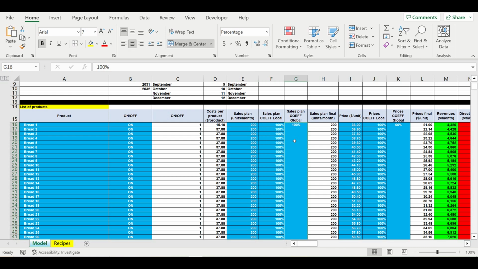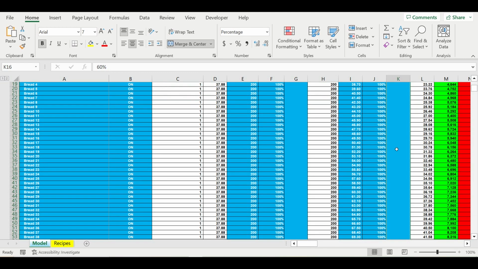We can increase or decrease the whole sales plan globally, or we can dive into specific items and increase the amount of sales for a specific item. Then we move to selling prices. We have global and local coefficients for selling prices for future scenario analysis.